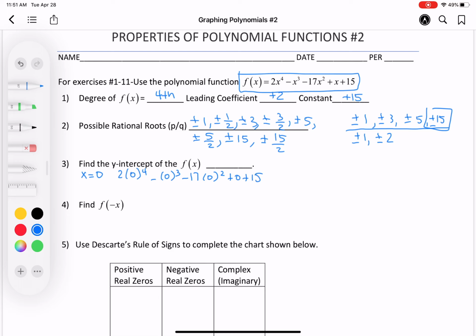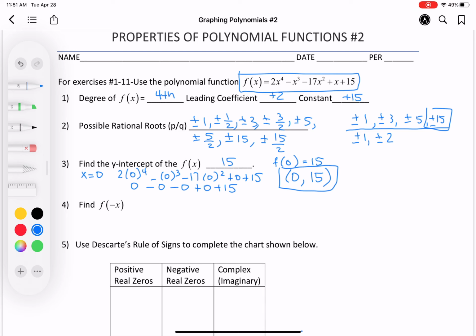Okay. All right, so here anything times 0 is 0. Okay, that means to find f of 0, it's going to give us 15. So that is our y-intercept. In other words, when x is 0, y is 15.